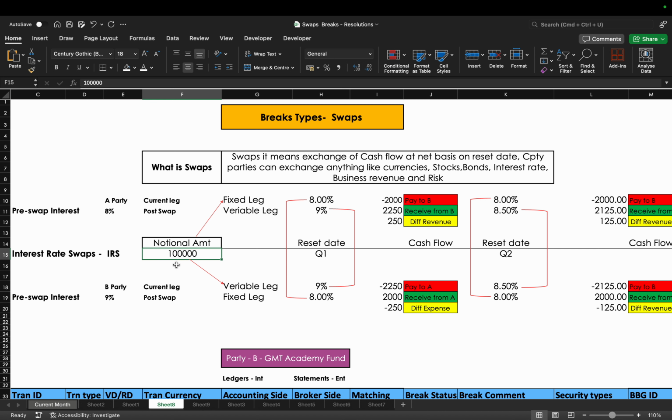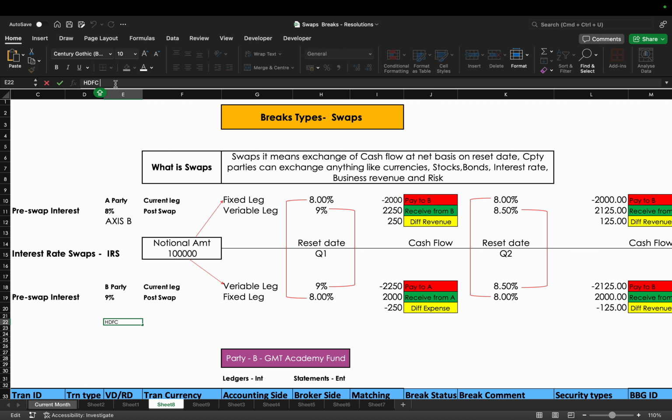Two things are very important. Before signing the swap, we have an interest rate of 8%, where party A is paying its bank a fixed rate. Let's take an example: party A is paying 8% interest to Axis Bank. On the other hand, there is another party, B, paying an interest rate of 9% to HDFC Bank.